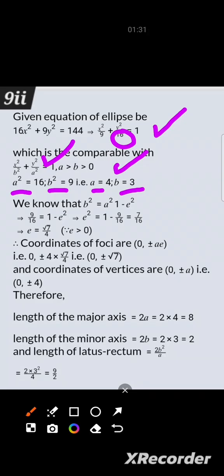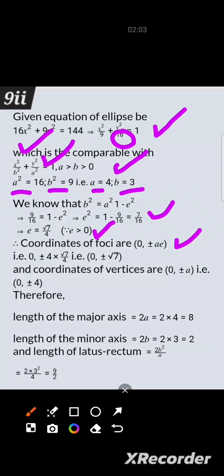Now to find out the foci, we need to find out the e value. So to find the e, the formula is root of 1 minus b square by a square. If you calculate with that formula, it is coming to root 7 by 4. Now coordinates of foci are at 0 comma plus minus ae for this particular form, x square by b square plus y square by a square is equal to 1.